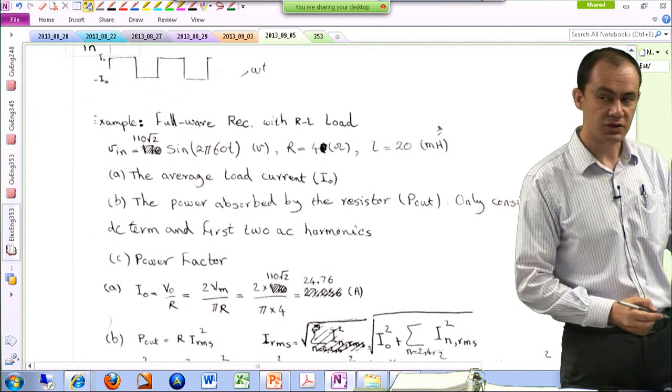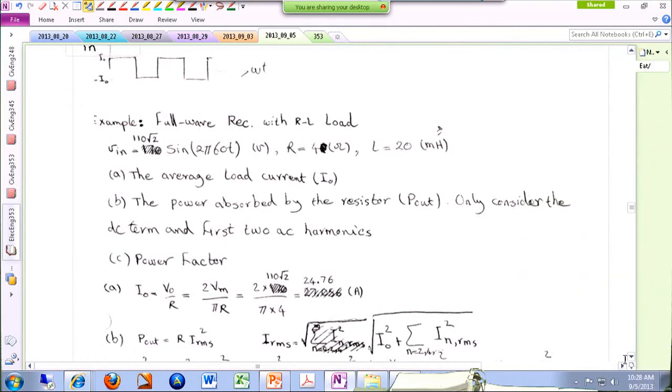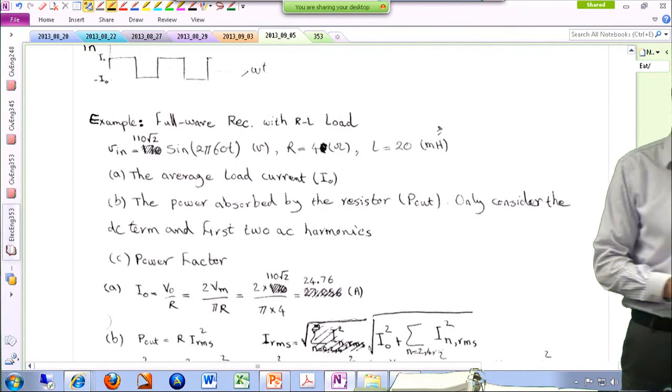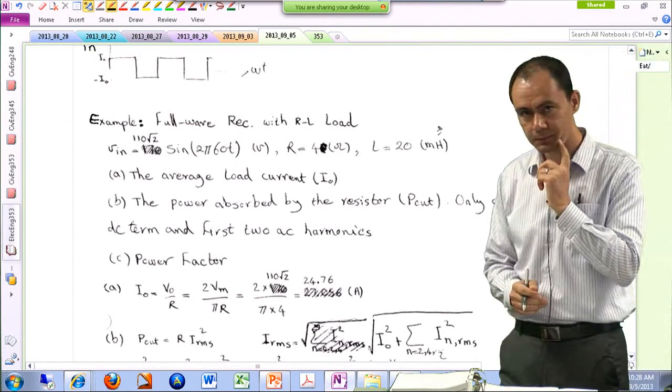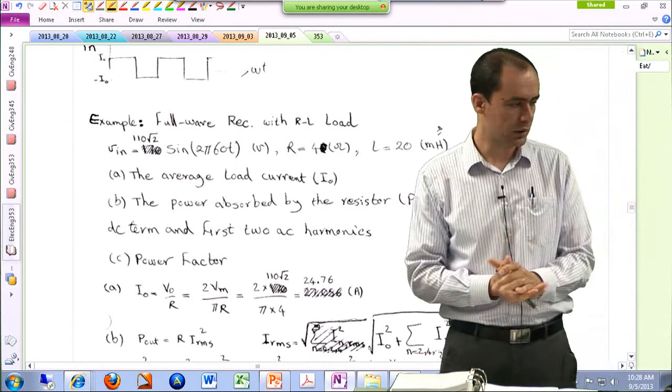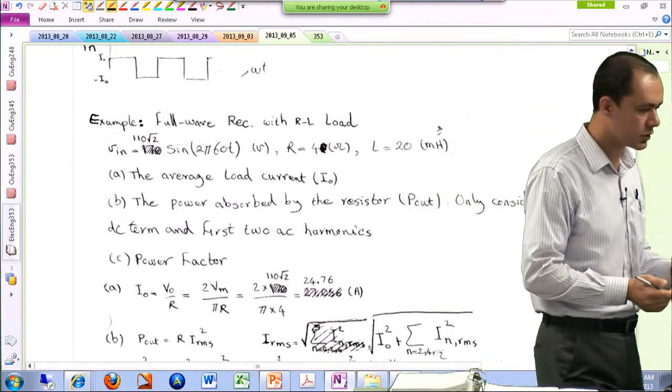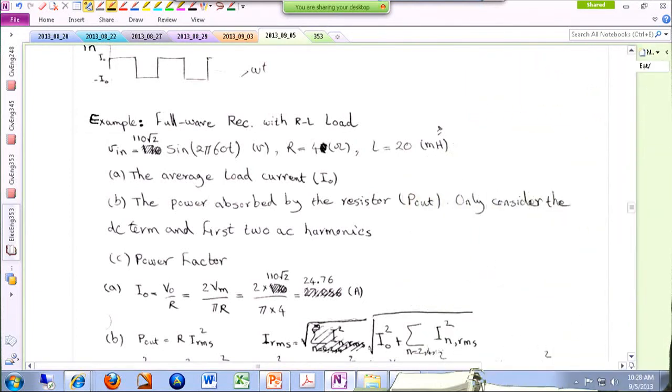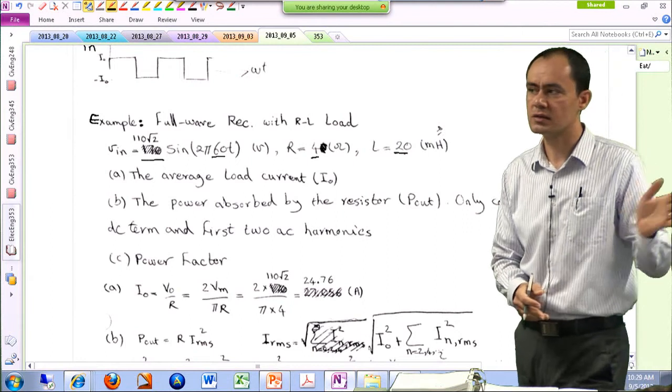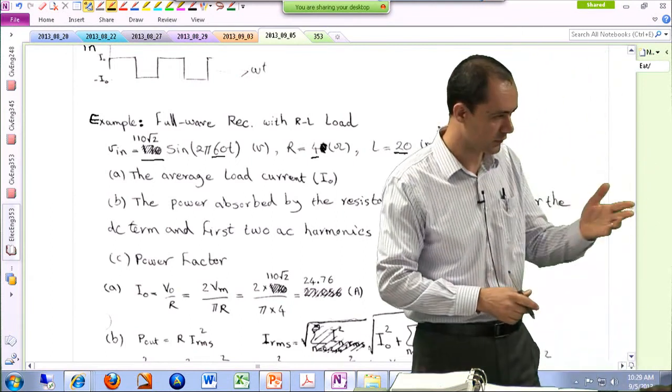Let's look at this example. You can verify it with the Mathcad file that I've already uploaded on Blackboard. We have a full wave rectifier with an RL load, and the parameters are given here. My input voltage is 110 volts RMS, so the peak is 110 times the square root of 2, and the frequency is 60 hertz. Load is 4 ohms, and the inductor is 20.